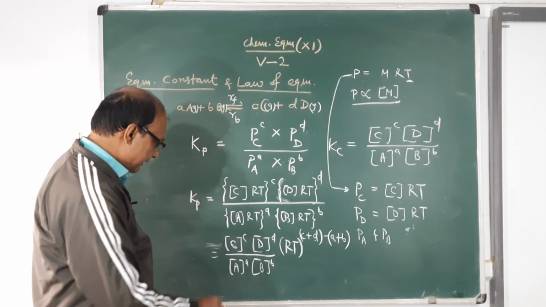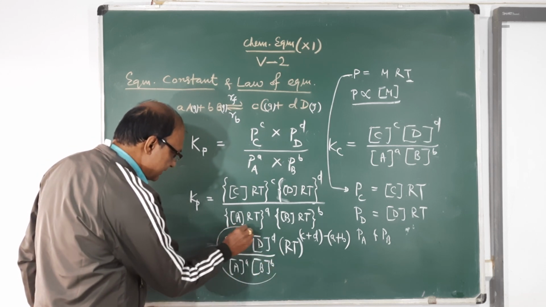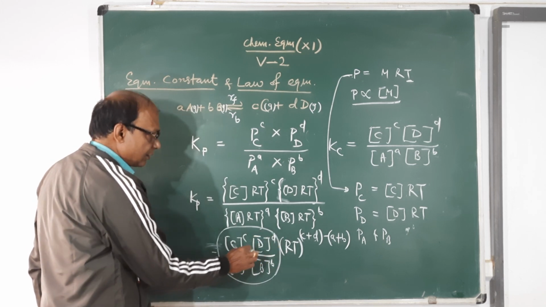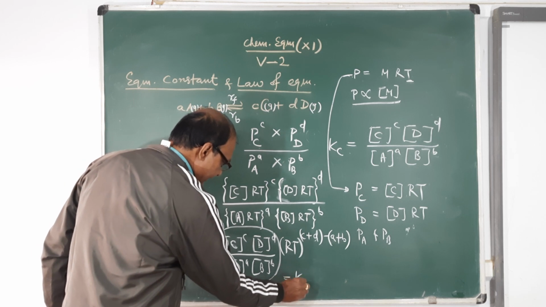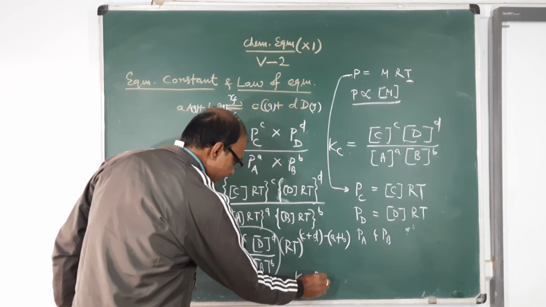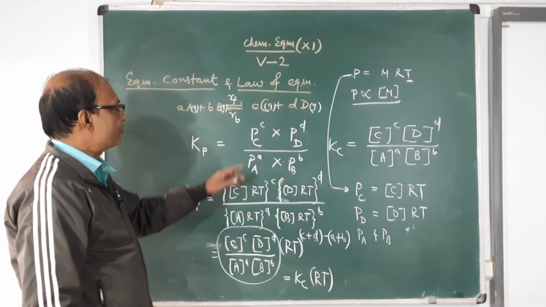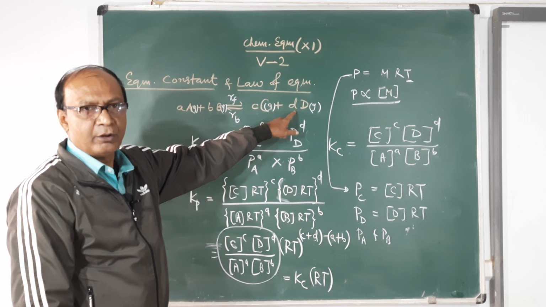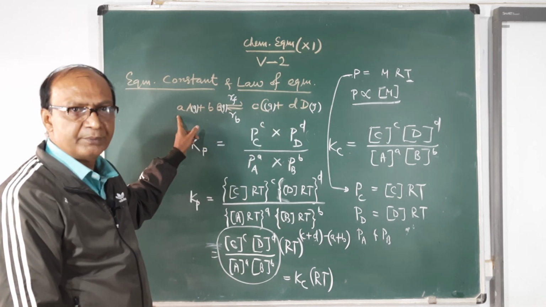This entire expression stands for Kc. You know that this is the expression of Kc. Therefore, you can write this is equal to Kc into RT to the power (c plus d) minus (a plus b). So, c plus d is the sum of the number of moles of the products minus the sum of the number of moles of the reactants.